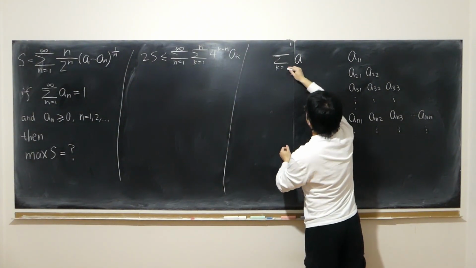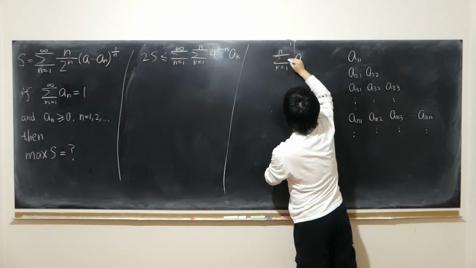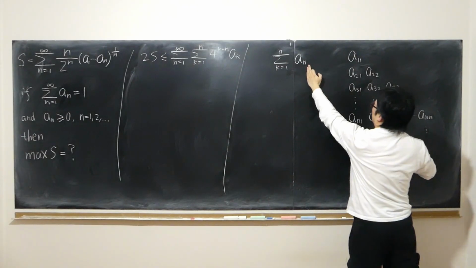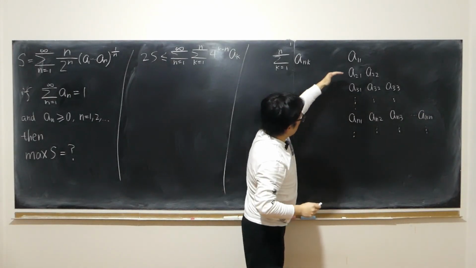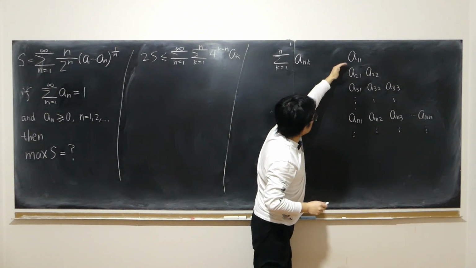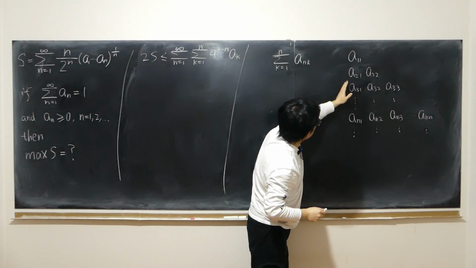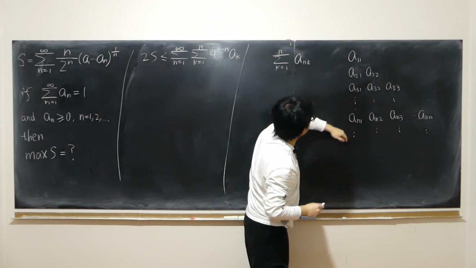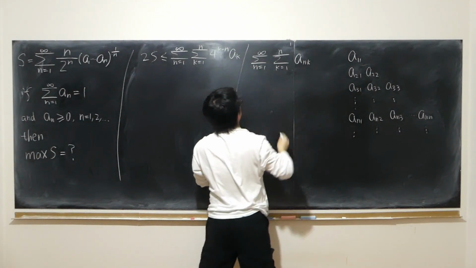We sum with regard to k from 1 all the way up to n. Like I said, we fix the row number n. The column is k, so A n k. Then we sum up all the rows. So we consider row number 1, number 2, number 3, all the way to infinity. This time the row number n is changing, summing from 1 all the way up to infinity. That's the first way.